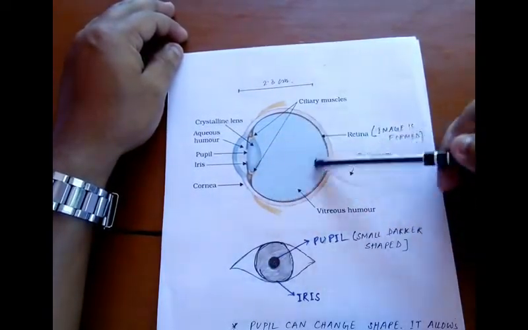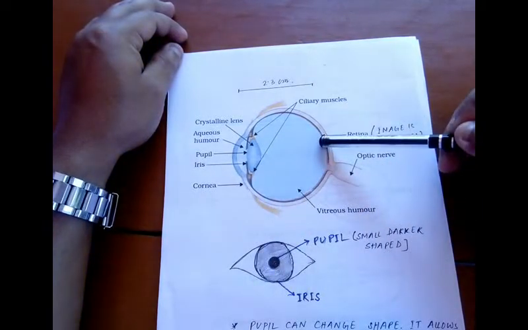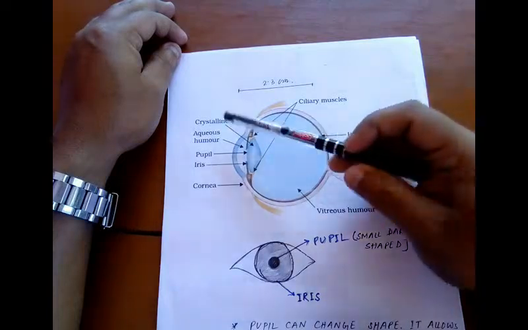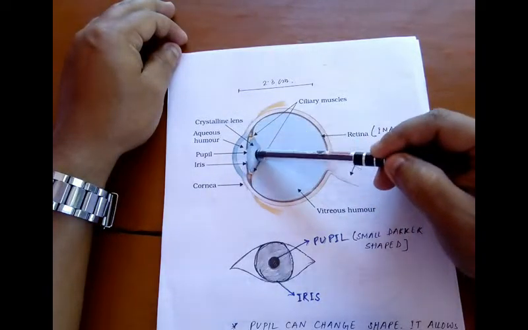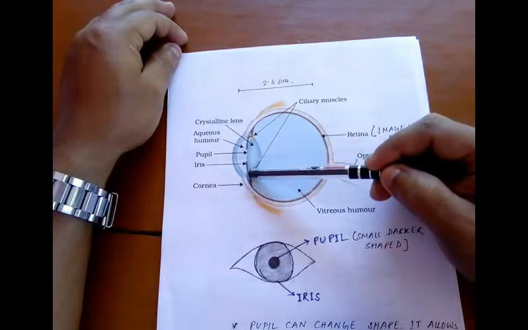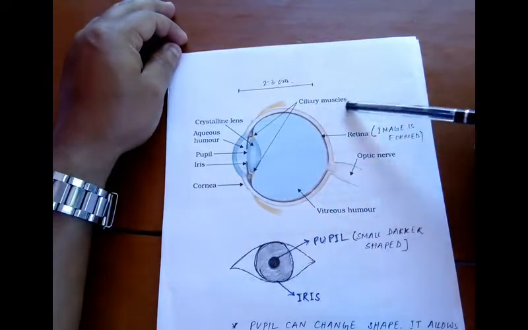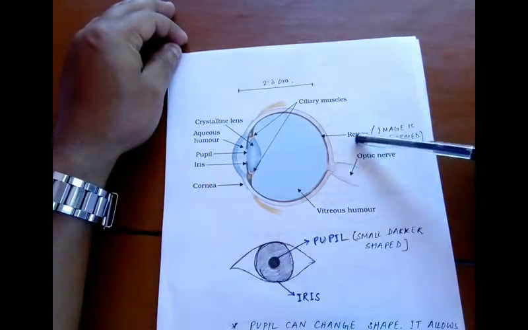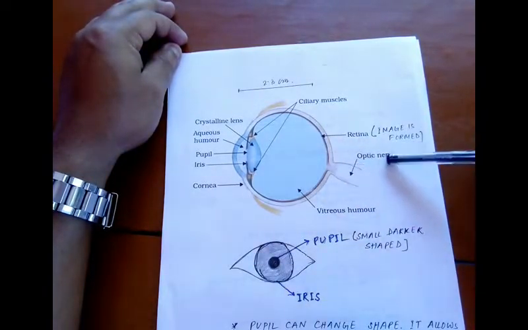So this is the diagram of the human eye, and you have different components of the eye. You can see the crystalline lens here. This part is called the crystalline lens, and attached to that crystalline lens you can see two muscles. These are the ciliary muscles, and at the back end of the eye you will find the retina, and attached to the retina there are many optic nerves.